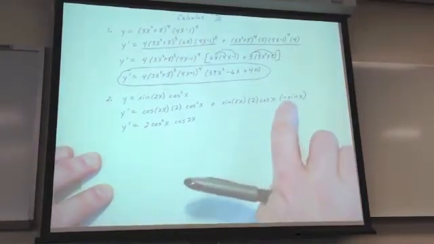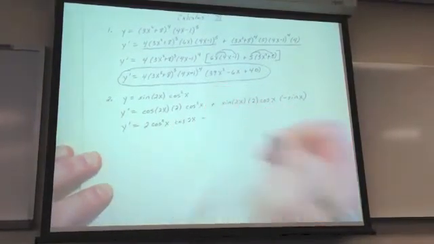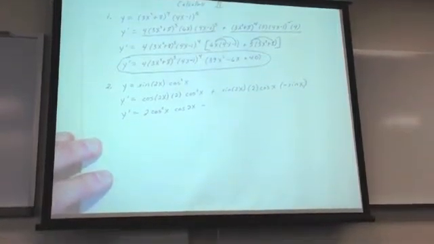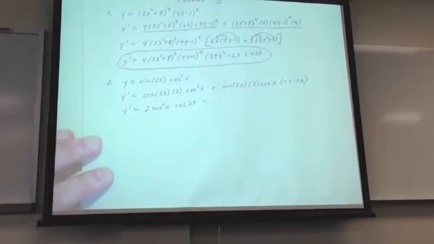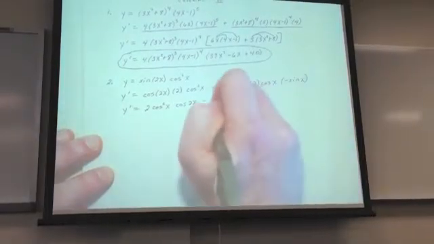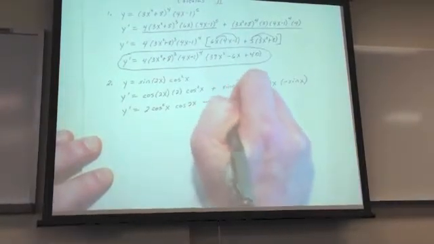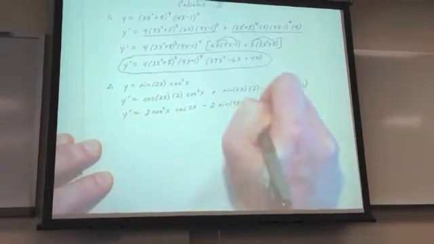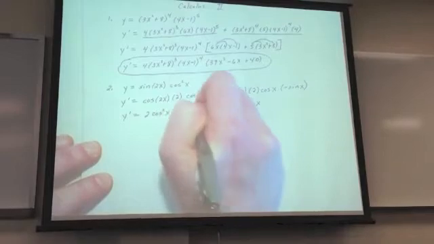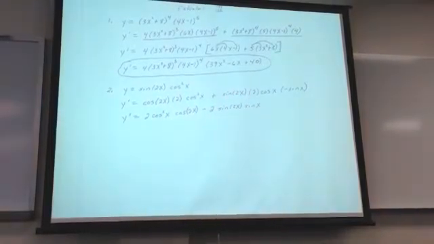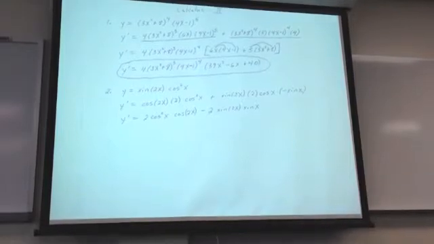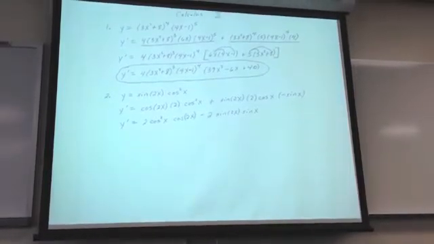And then this is going to make it minus, and I'll have 2 sine of x, sine of 2x. Put my double angles in parentheses. The only other thing you could do is factor out a 2, but that would be kind of silly.